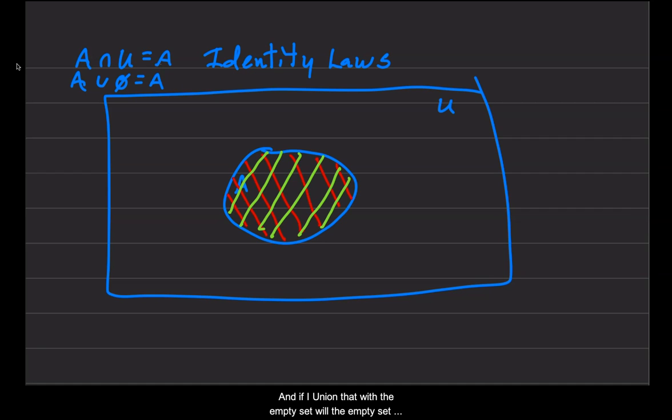And if I union that with the empty set, well, the empty set has no elements, so just what's already shaded would be what's shaded. So it's nice and easy to use a Venn diagram to identify what's going on in some of these.